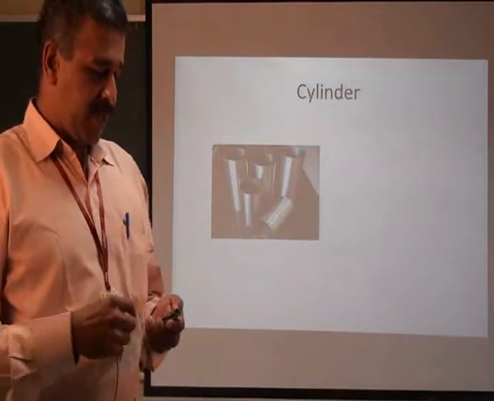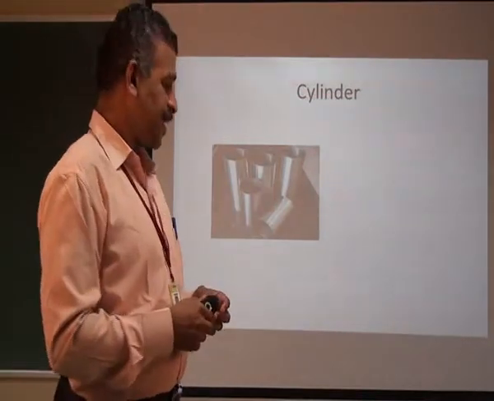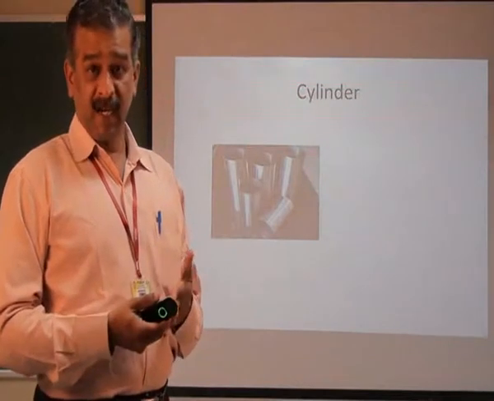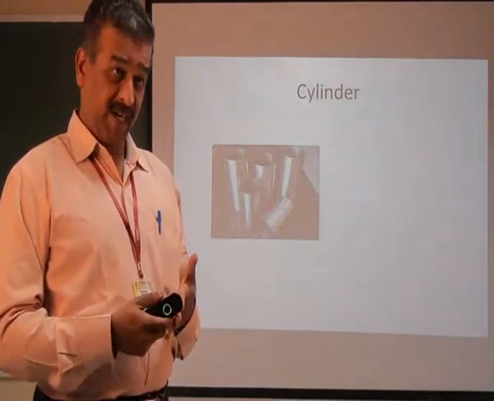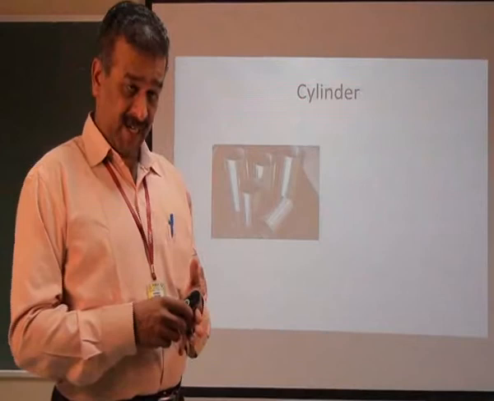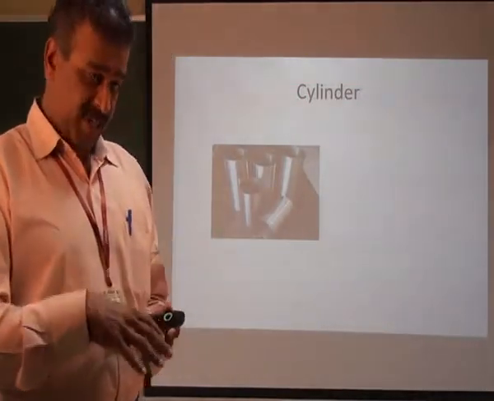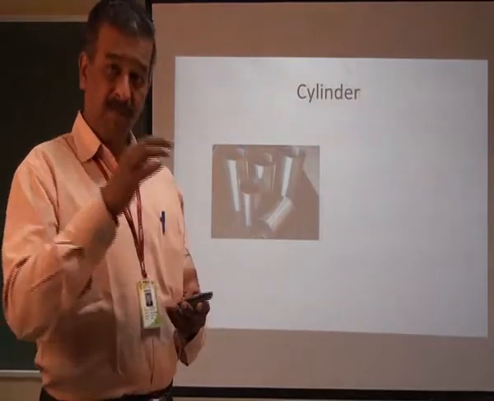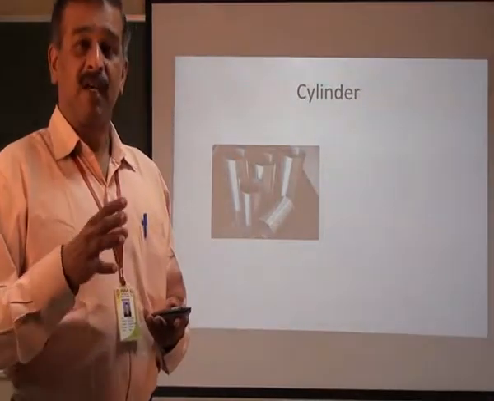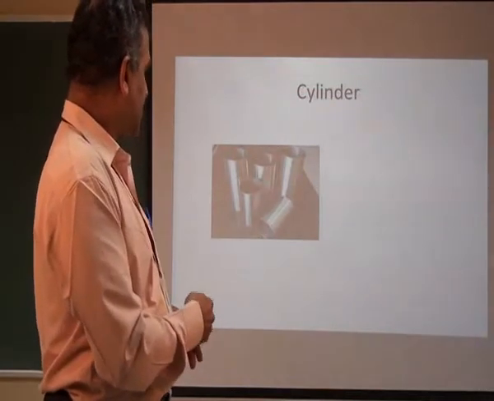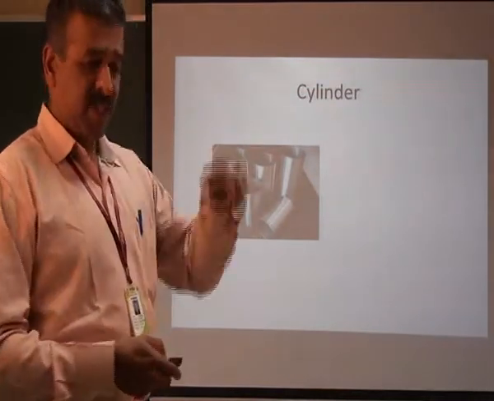As far as liners are concerned, we have dry liner and wet liner. If it is a dry liner, it does not have direct contact with the water jacket. If it is a wet liner, it will have direct contact with the water jacket. So these are some types of cylinder liners.